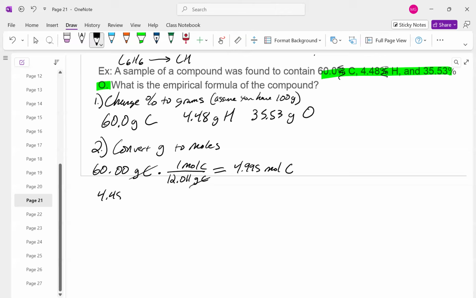I'll do the same thing for hydrogen. Again, I'm going to look on the periodic table and pull that number off of the periodic table, 1.008 grams of hydrogen. And I have 4.44 moles of hydrogen.